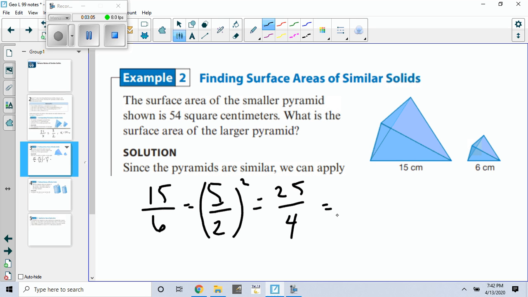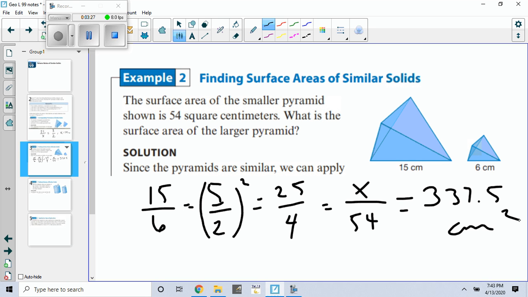And it tells us the surface area of the smaller is 54. So we would set up a proportion, 25/4 equals x over 54. And when you calculate that out, you would figure out that the surface area of the larger would be 337.5 centimeters squared, because it's surface area.